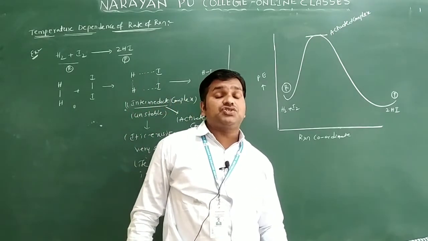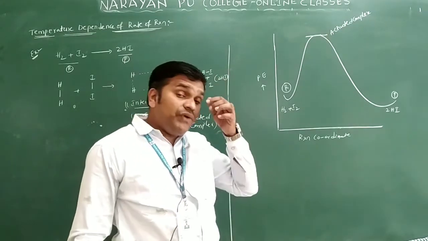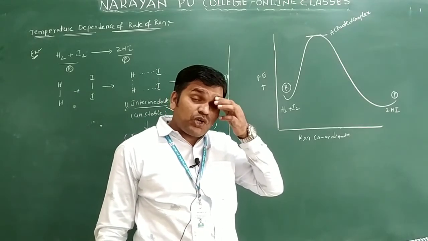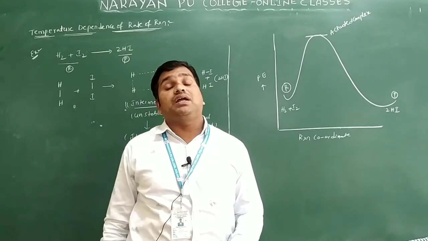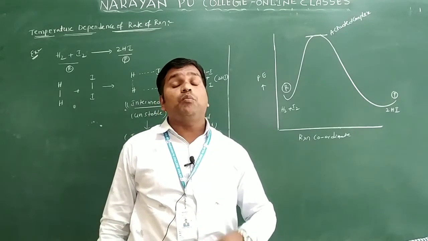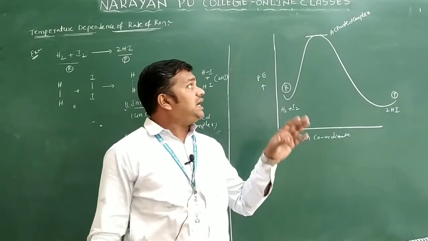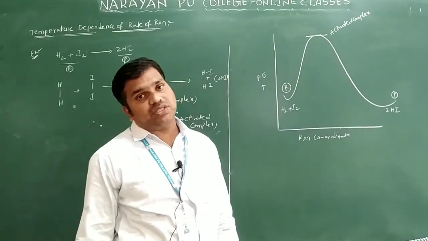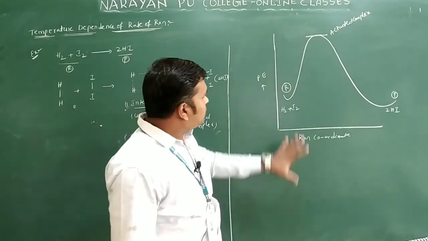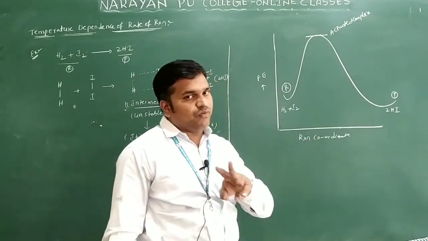It may break down into the products. When is that possible? If the reactant molecules undergo proper effective collisions or proper orientations, then that unstable intermediate complex breaks down and gives products. Clear?